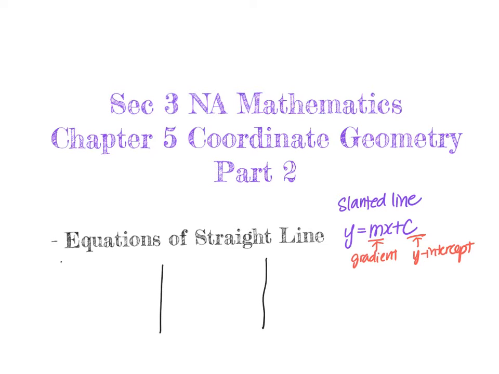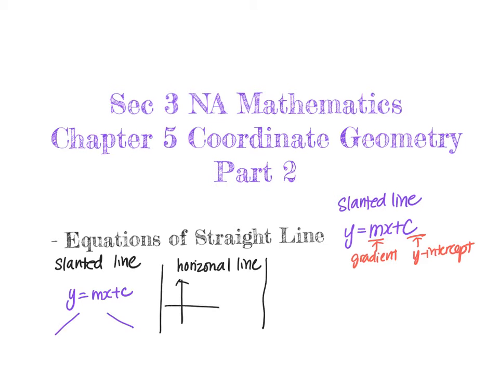Number 1, if I have a slanted line, my equation will come in the form of y equals to mx plus c. It can be an upward sloping or downward sloping line. But if I were to have another type, which is a horizontal line, okay, a horizontal line looks like that.